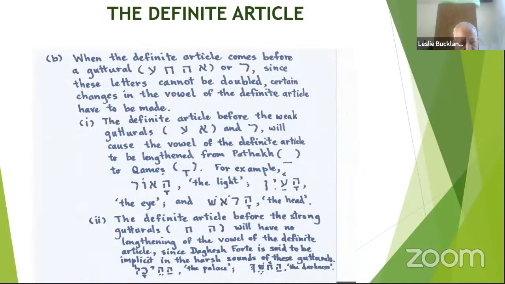The second rule to learn about the definite article is when the definite article comes before a guttural: aleph, he, keth, ayin, or resh, even though resh is not strictly a guttural. Since these letters cannot be doubled, certain changes in the vowel of the definite article have to be made.